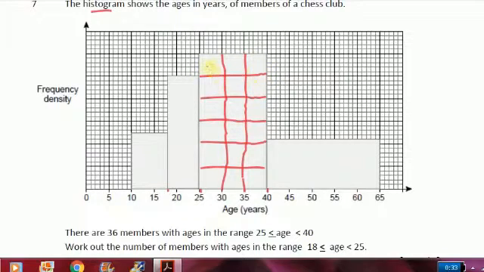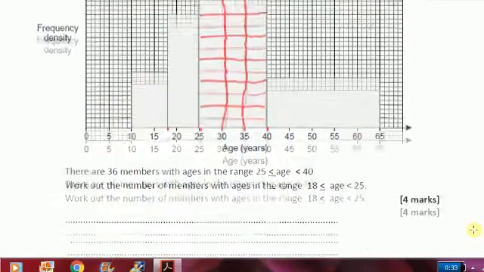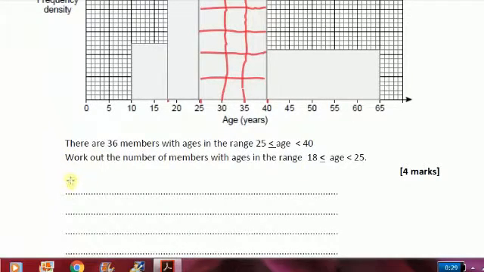And if you count them up, we find that there are 12, 15, 18. So there's 18 squares representing the number of members we said there was, 36.